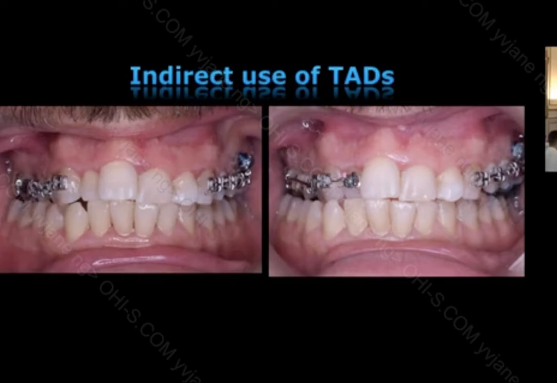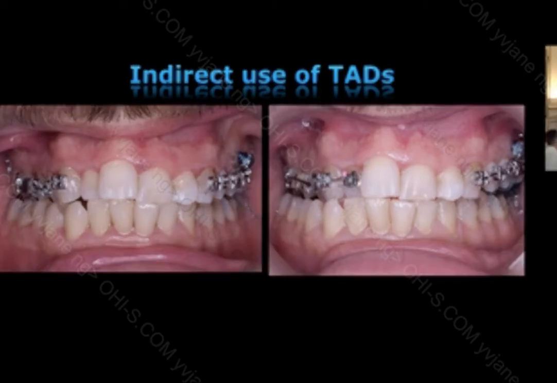Now, as a first step, I placed a TAD here and connected it with the molars, and using a palatal arch, I started to expand this part. But after a couple of months, what I saw is that I didn't get any expansion here, and there is an even worse scissor bite on this side.